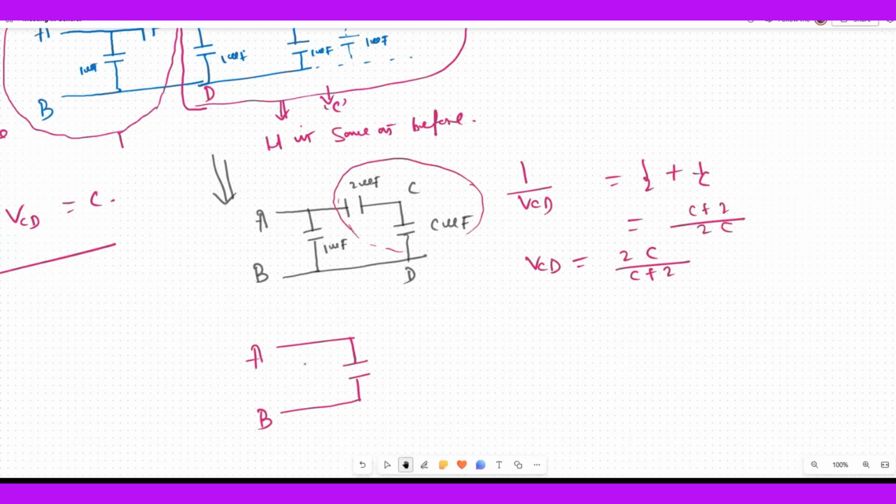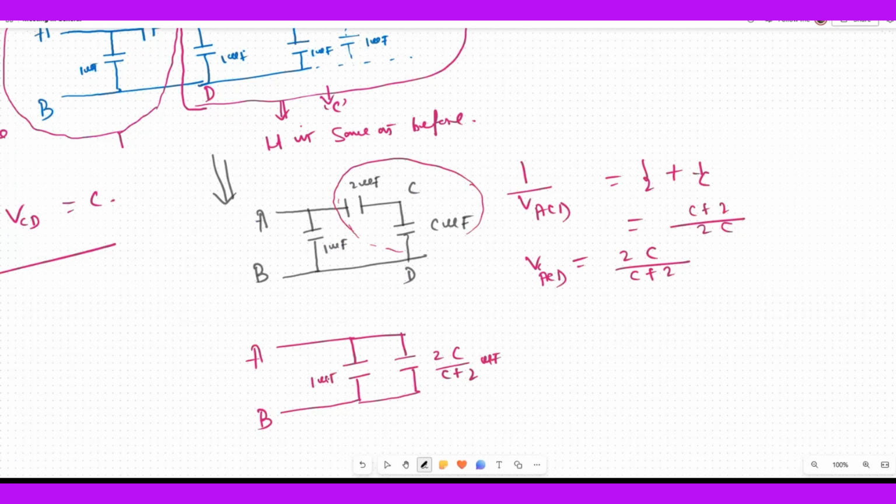This is actually the capacitance for this part, between A and D via the point C. So this part we'll put here as 2C by C plus 2, and this is 1 microfarad, obviously.